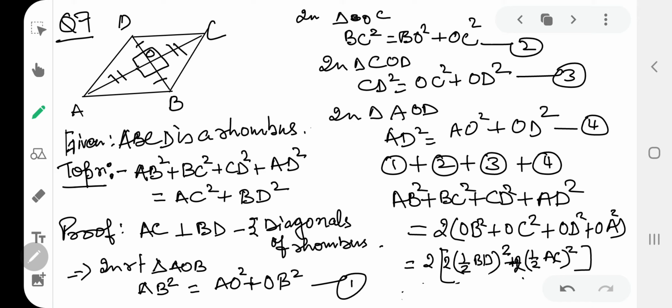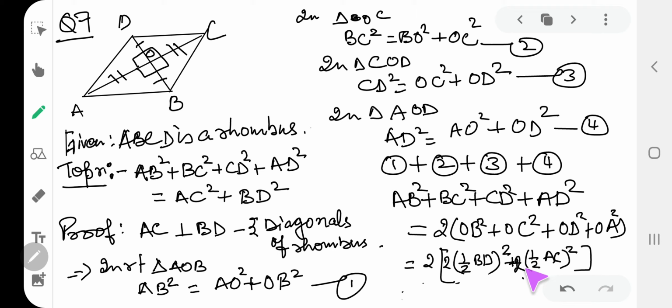Similarly, OC is also half of AC and OA is also half of AC. So 2 times in place of OC also I will write half AC, and in place of OA also I will write half AC. So 2 times half AC square.